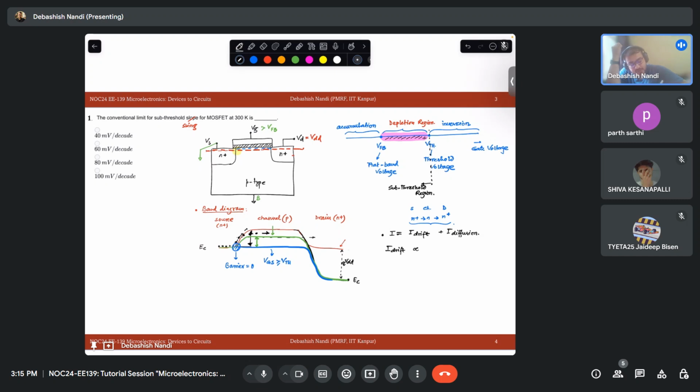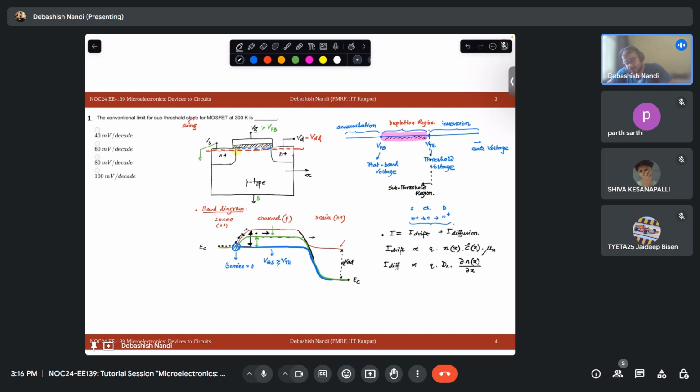The drift component is proportional to q times n of x, let's say x is the direction, and then your electric field in the x direction times your electron mobility. This is your drift current component. And what is your diffusion current component? It is proportional to q times the diffusion constant times the gradient of the carrier concentration along the x direction.